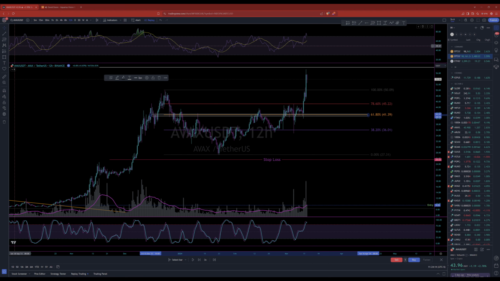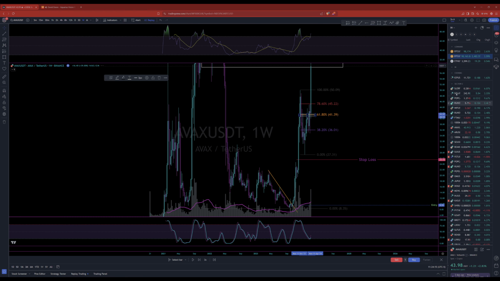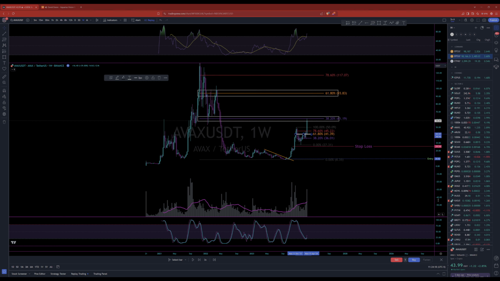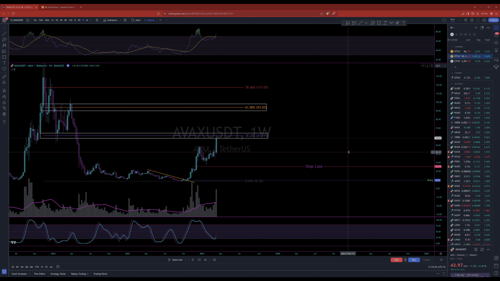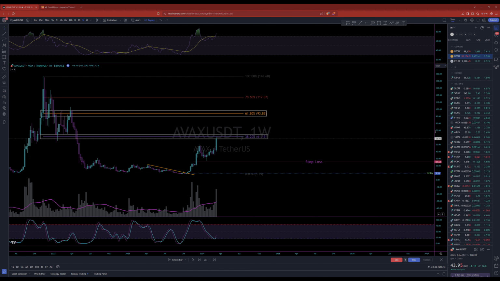Oh, look at that. Now we're just going to stick to looking at the weekly. All right, so we're gonna remove all that. Remove that. We hit our first target zone, but the weekly is looking so bullish. So bullish, holy smokes.